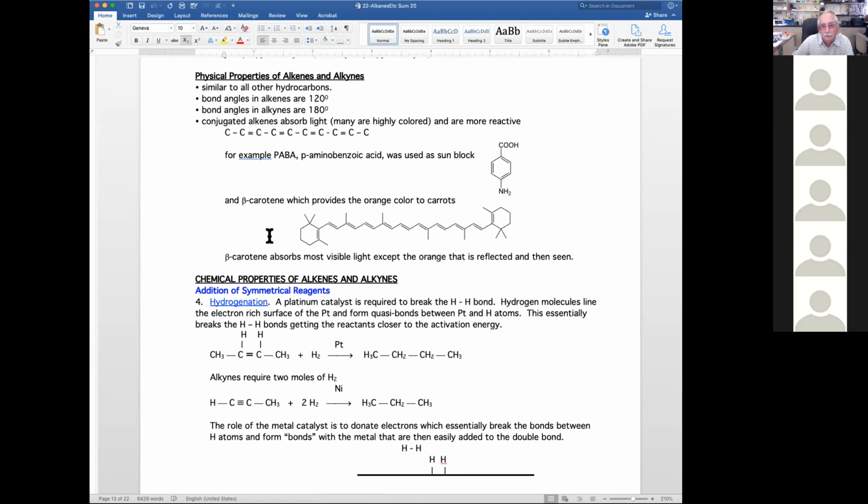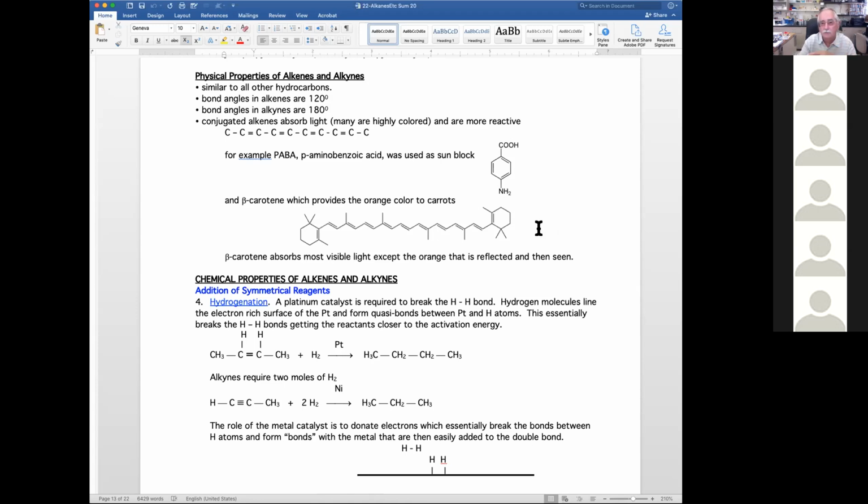Beta carotene, which if you cut it in half and oxidize it, you start to get visual pigments, right? Vitamin A. So look at beta carotene. Why is it orange? Because look at this huge conjugated system. So you're looking at a carrot, you're looking at the beta carotene, it appears orange. Does that mean that the beta carotene is actually orange?